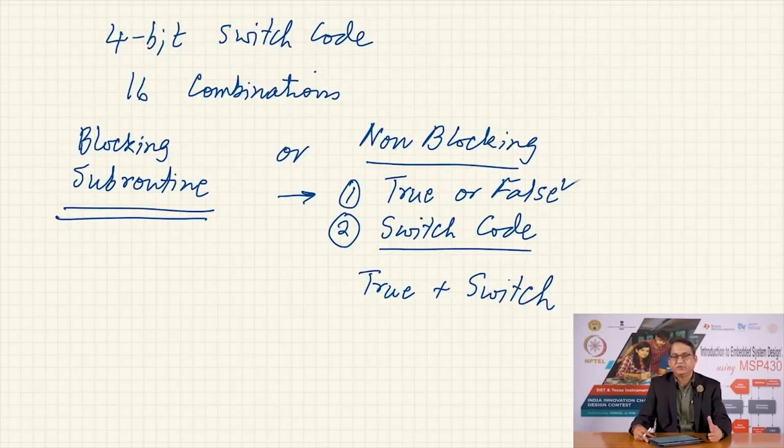Imagine if such a switch matrix was used in an ATM machine, and if it was written in a blocking subroutine method, it is going to block that resource completely, because suppose you insert your ATM card into the machine and you refuse to enter your passcode, the machine is going to wait till you enter it.